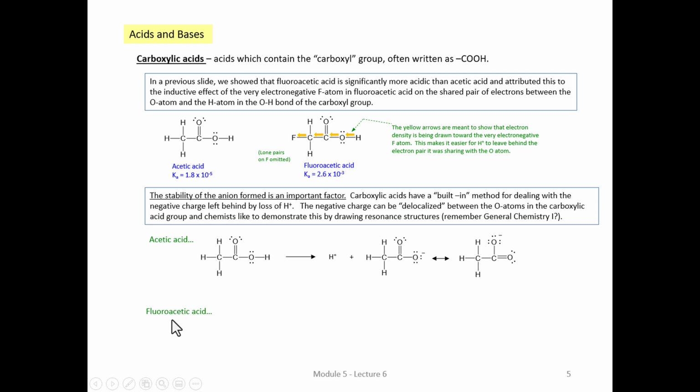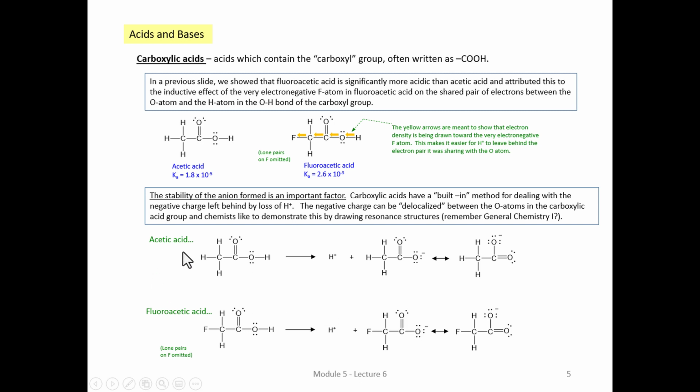For fluoroacetic acid, we can draw similar structures. So we have here the fluoroacetate ion, and that can also be drawn in two different forms, so there's two resonance structures. Okay, so what's the point?